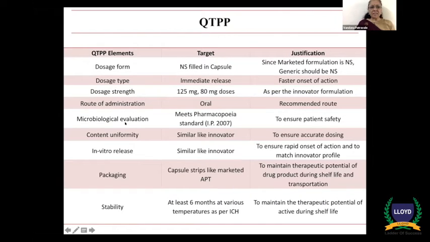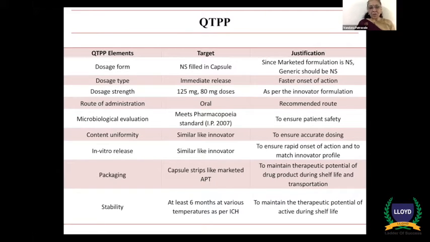This is something which people miss, and therefore I'm pinpointing here. Even when you are teaching quality control to students, a parenteral product has to meet the sterility test, but all other products, including oral and topical, have to meet microbiological standards.